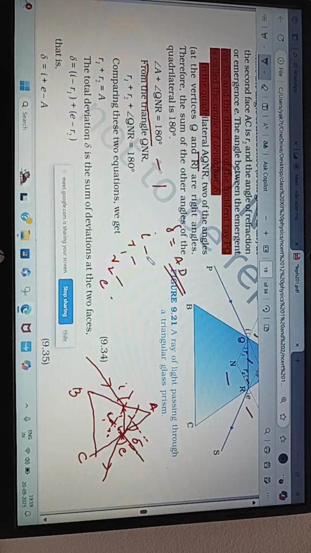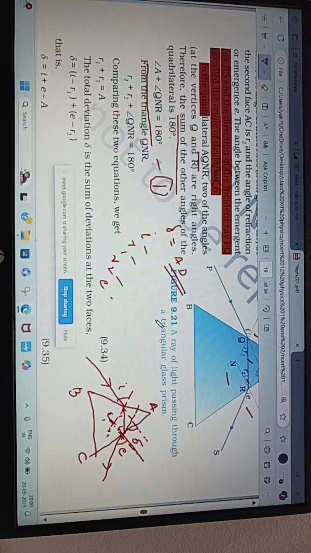What is the rule used here in one? Two right angles are there. The sum of the other angles of the triangle is 180.